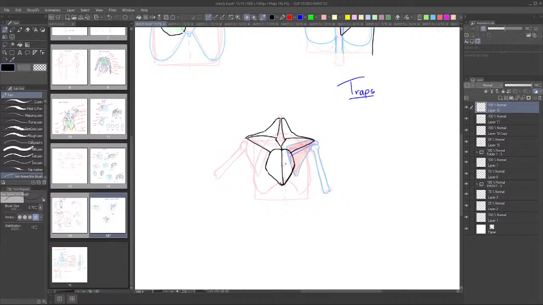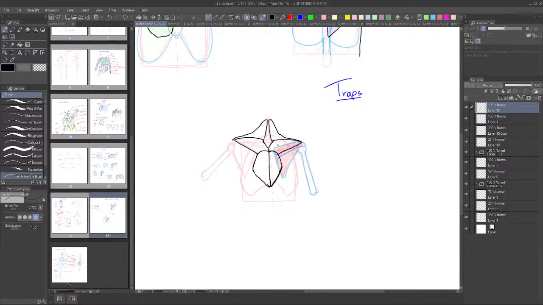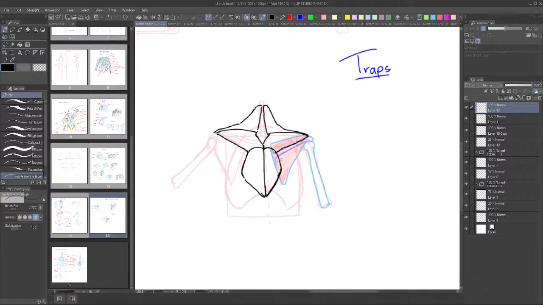Okay. So yeah, okay. So here we know that half of the acromion at the back is usually the back side of the deltoid.